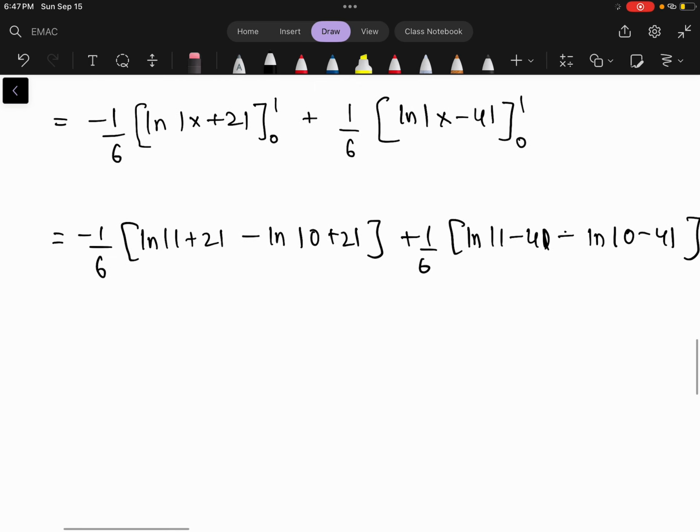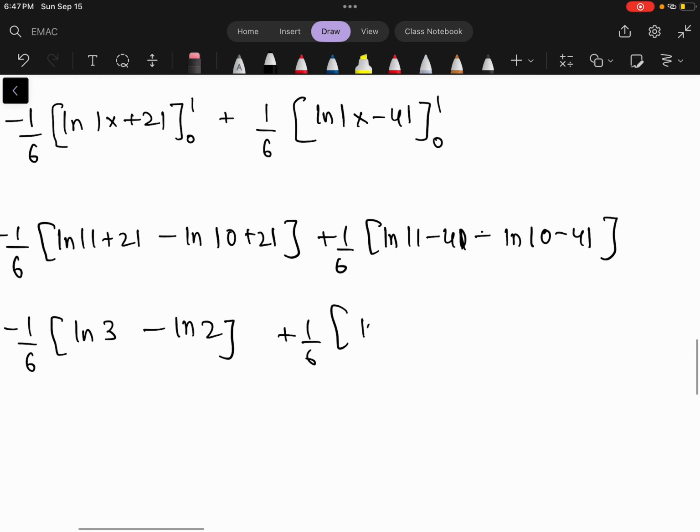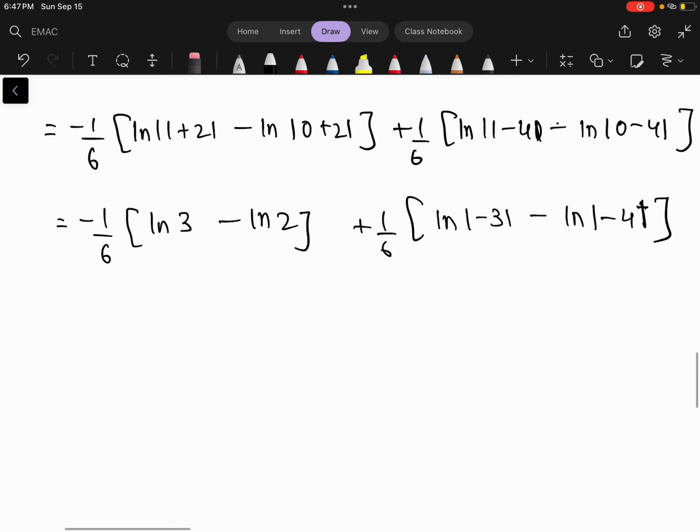So that's negative 1 over 6, natural log of 3 minus natural log of 2, plus 1 over 6, natural log of negative 3, but since it's in a mod sign, it'll become positive eventually. So in the next step, we'll convert these mods to be positive.